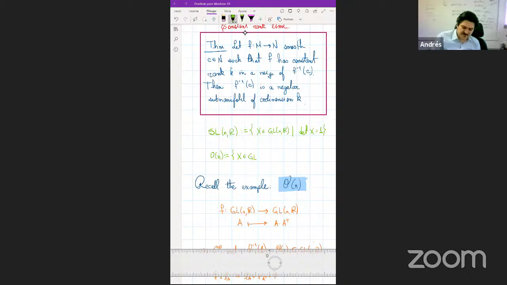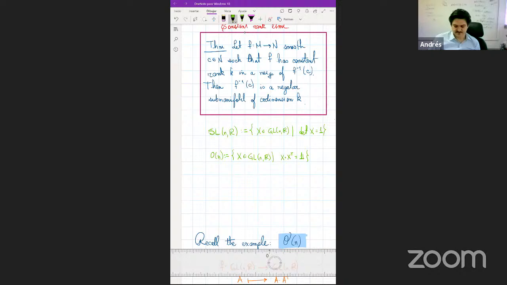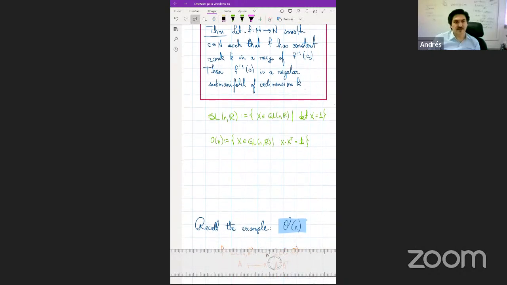Again, I'm going to say non-singular matrices such that X times X transpose equals the identity. That's the definition of On.